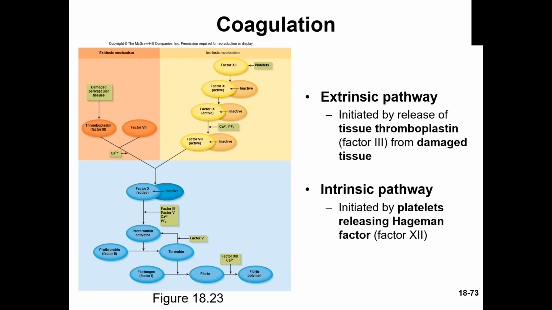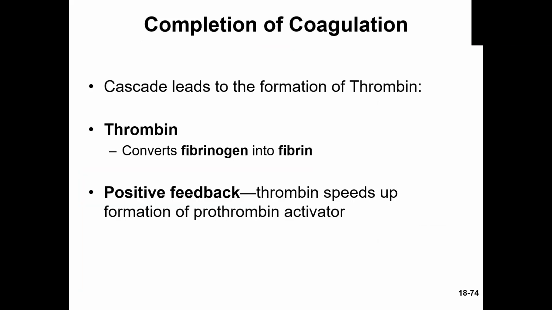Within the intrinsic pathway, this is done by the platelets themselves. The platelets themselves, these chunks of those megakaryocytes floating around in the blood, will release something called Hageman factor, or factor 12. Again, this has to do with the coagulation process, the chemicals involved in it, and the pathways it may take. And it's both at one time. If you think about it, it's both things happening at one time.